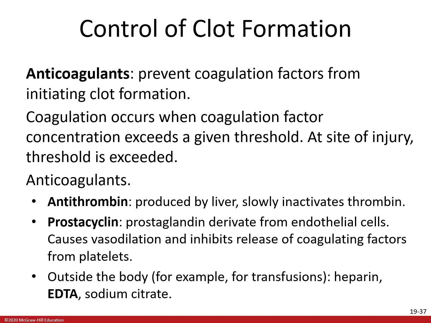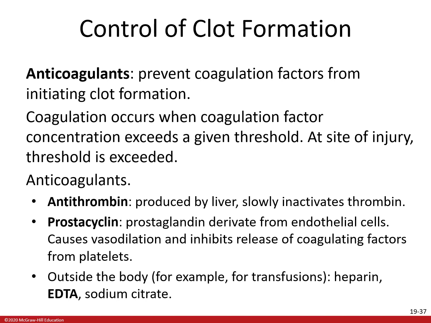So some of the anticoagulants that we have include antithrombin. It's going to be produced by your liver and slowly inactivates thrombin. You have prostacyclin, which is going to be a prostaglandin derivative from endothelial cells. It's going to cause vasodilation.